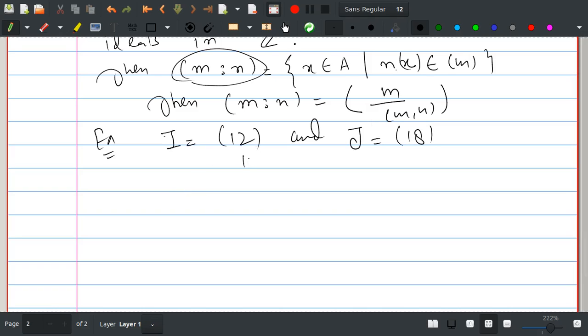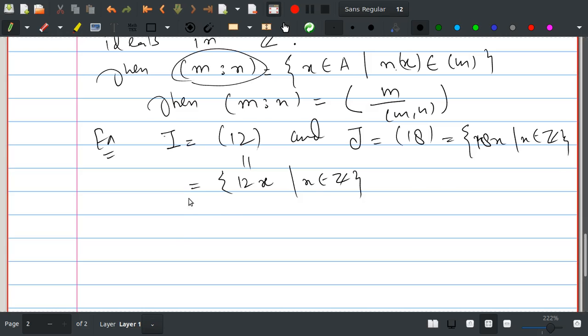That means this I is actually the set of all multiples of 12, and the ideal generated by 18 is actually the set of all multiples of 18, integral multiples. So the quotient (12 : 18) is all elements x such that x times 18 is in 12.